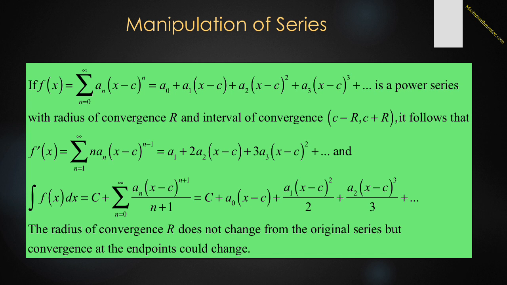And this becomes c plus a0 times quantity x minus c plus a sub 1 over 2 quantity x minus c quantity squared plus a sub 2 over 3 x minus c quantity cubed plus dot dot dot. The radius of convergence r will not change from the original series, but the convergence at the endpoints could change, and you'll have to check that out.